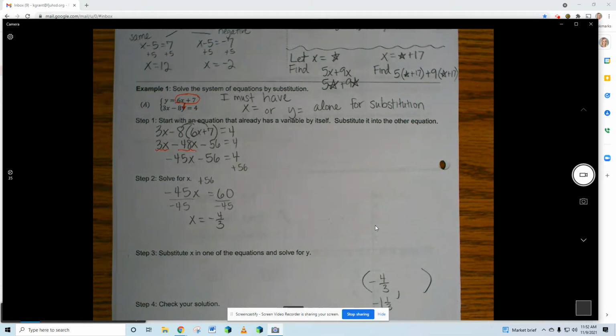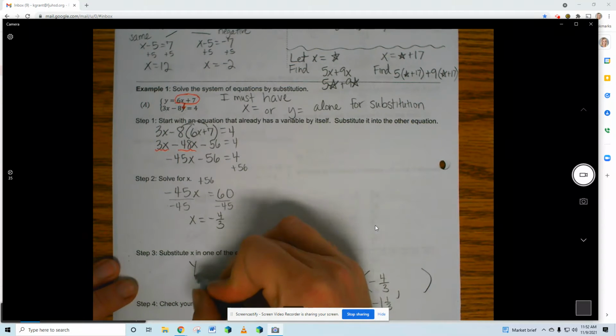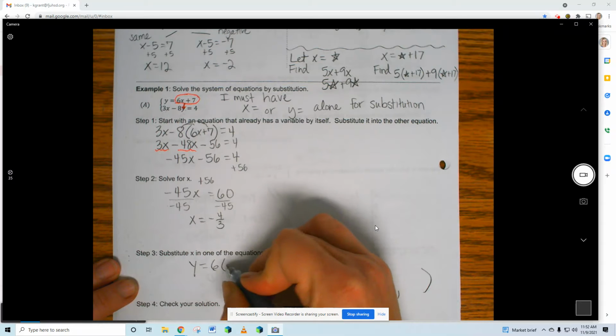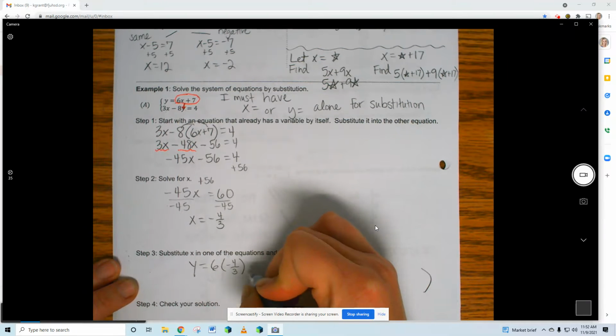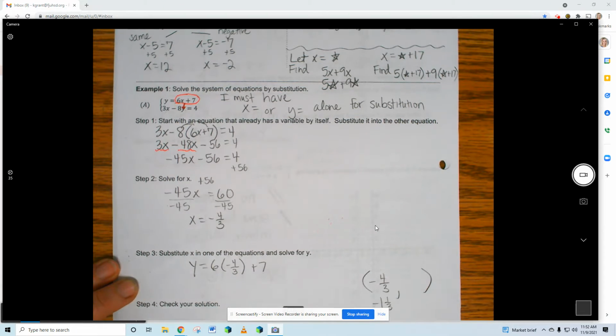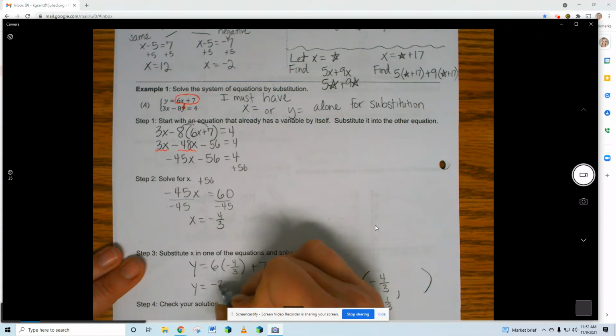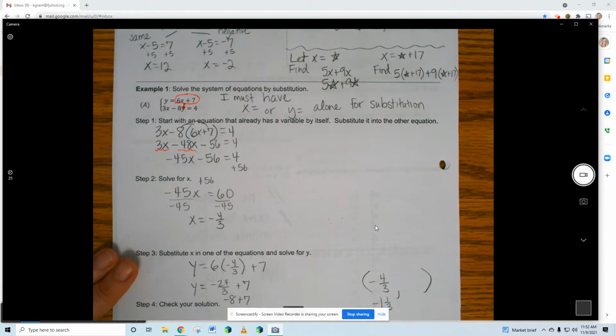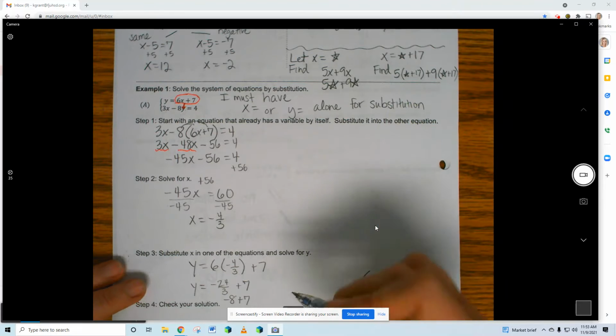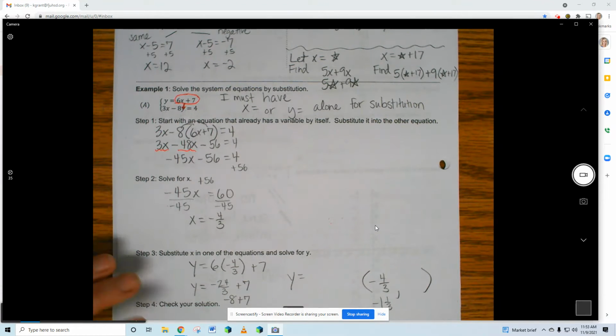Top equation. Sure. Y equals 6 times negative 4/3 plus 7. Negative 24 over 3 plus 7. Negative 8 plus 7. Y equals, what does Y equal?